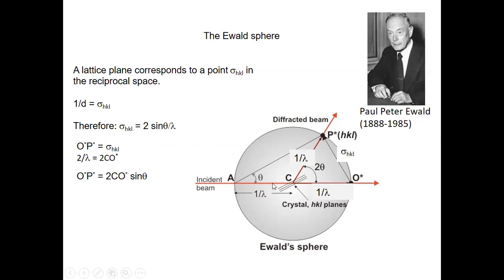Okay, so we can therefore also say that we can measure a reflection plane, being equivalent to a point in the reciprocal space, only when this reciprocal point lies on the surface of the Ewald sphere, which is nothing else but the same reflection condition phrased in a geometrical way.